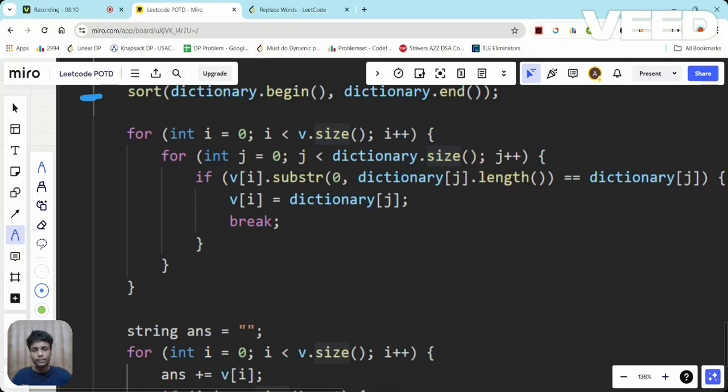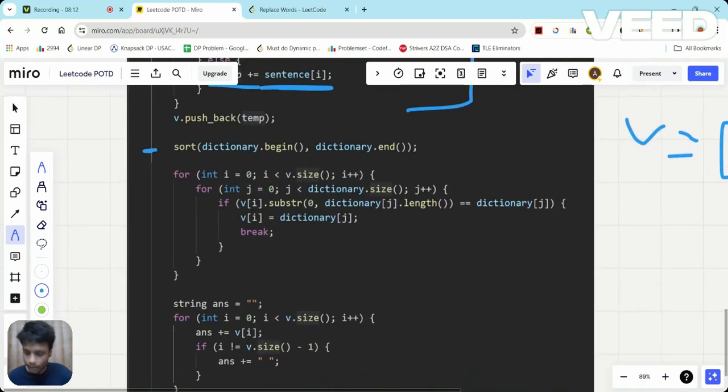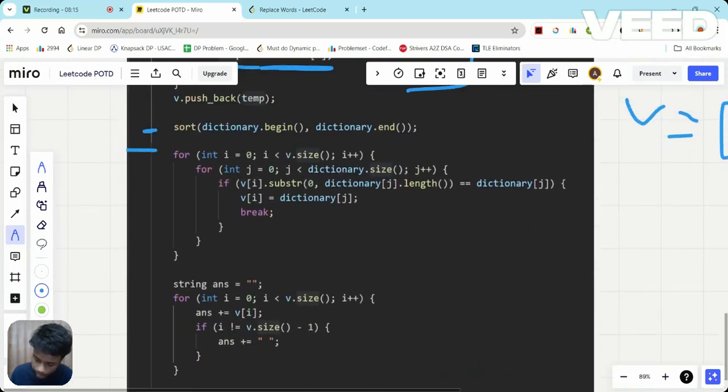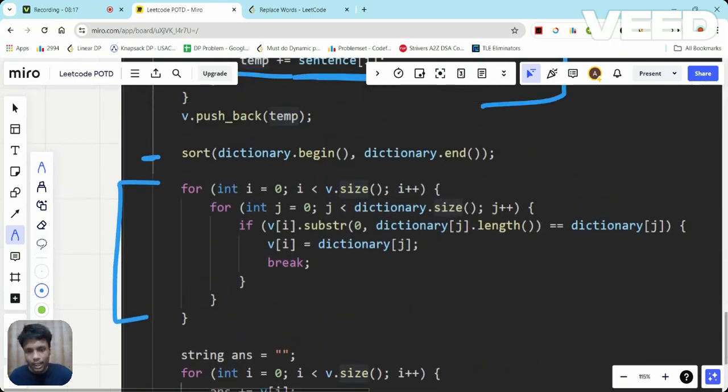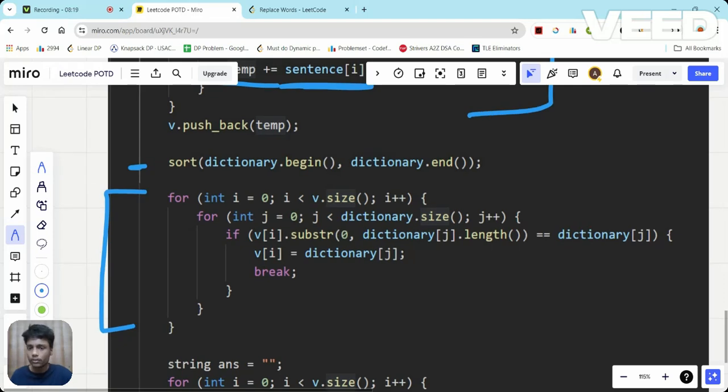Now come here. From here to here, I am iterating through all the words of vector v. Then I am iterating through all the words in the dictionary.